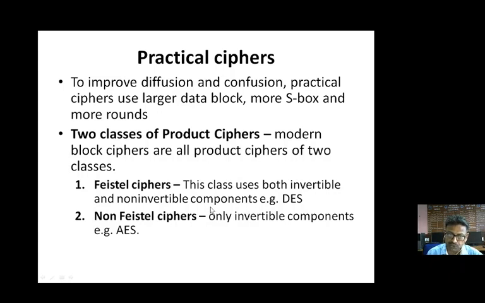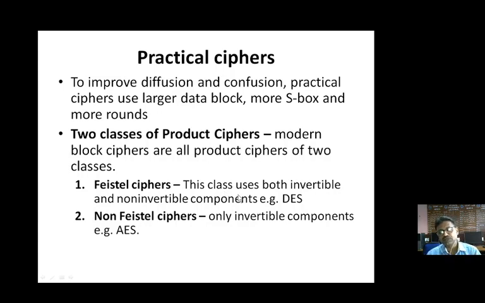We are using S-boxes, which are non-invertible, because we are reducing with the use of S-boxes. We are going to reduce 6 bits into 4 bits. We are using many permutation boxes. We are using swapping. We are using the XOR operation in DES. So that is why DES is an example of a Feistel cipher, because it uses invertible elements as well as non-invertible elements.